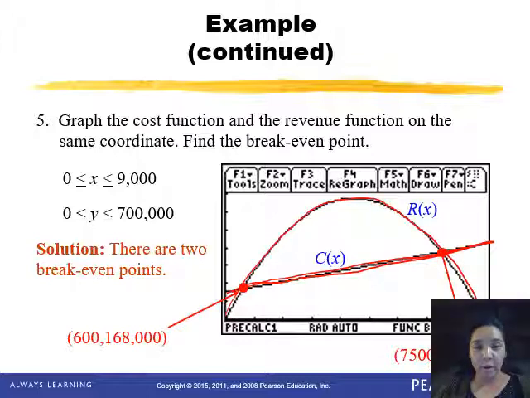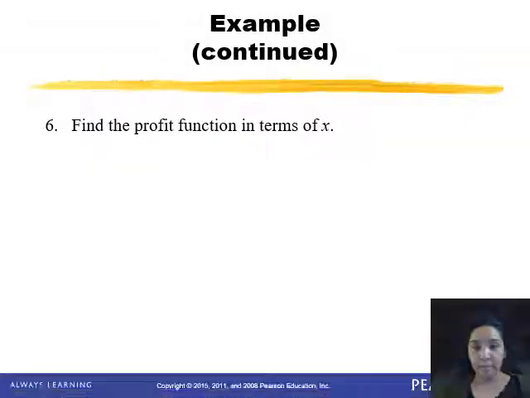And so our break-even points are here at 600, and then here again at, looks like, 7,500. Can't see the other side because my video is covering it up. But this is what you would look for. You'd graph both the cost and the revenue function. You can do that in Desmos. And the points at which they intersect are your break-even points.